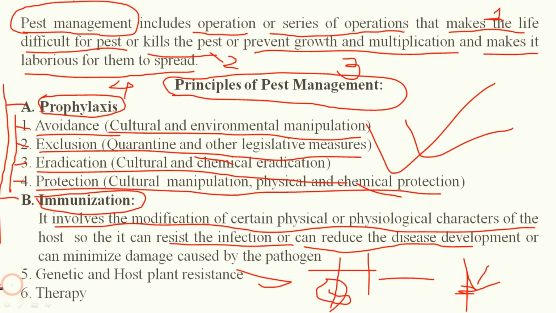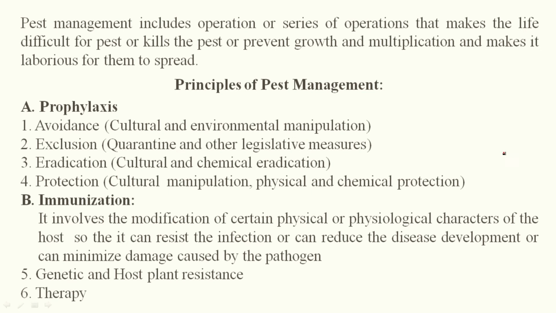Three things are there. One is to totally resist, they won't come to the plant. Second one is minimize the damage caused by the pathogen. Suppose they came to a plant, they will minimize the disease here itself. They won't further spread to the plant.